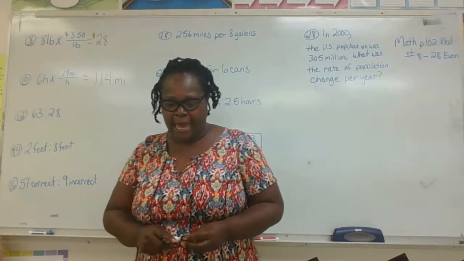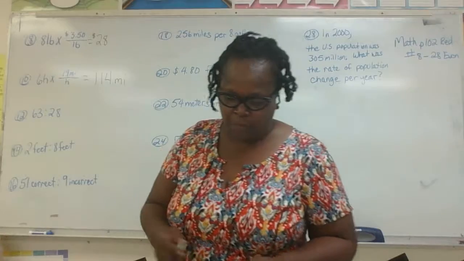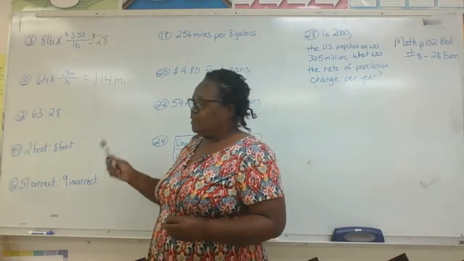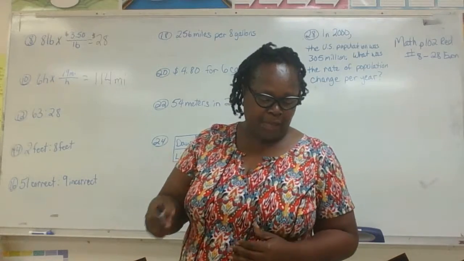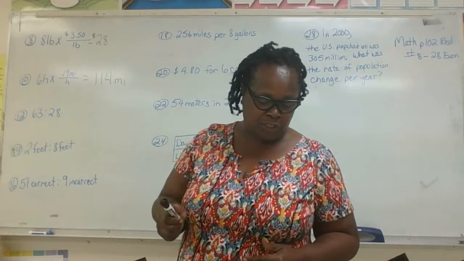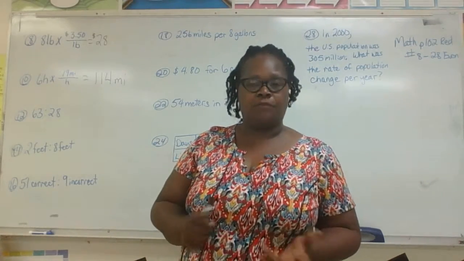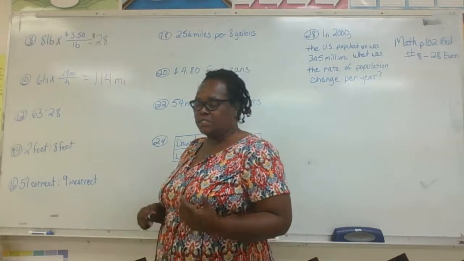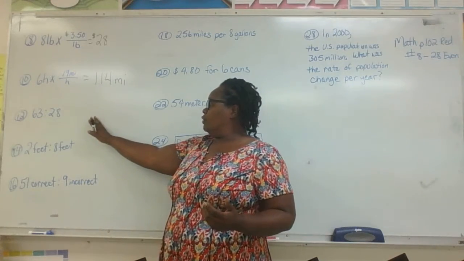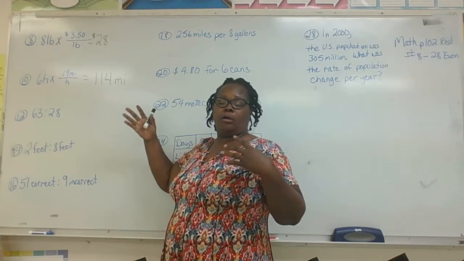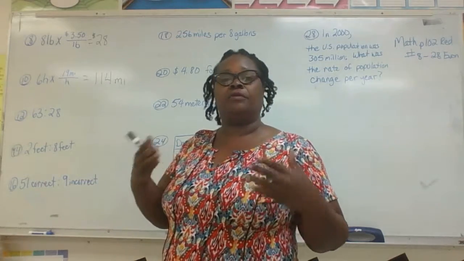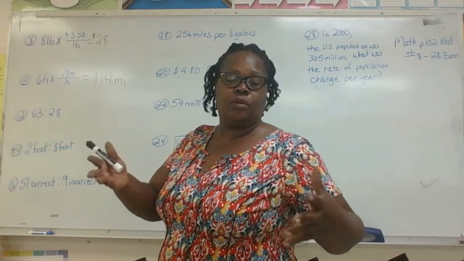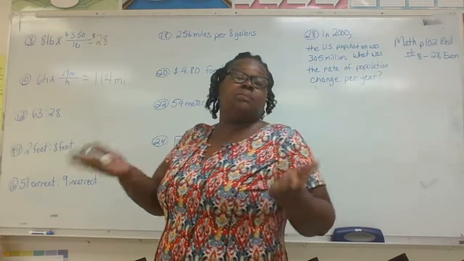Now, let's take a look at number 12. On number 12, the instruction says, write the ratio as a fraction in simplest form. This is what we would refer to as our rate as a fraction. It may look familiar to you because normally we create fractions and we simplify them.